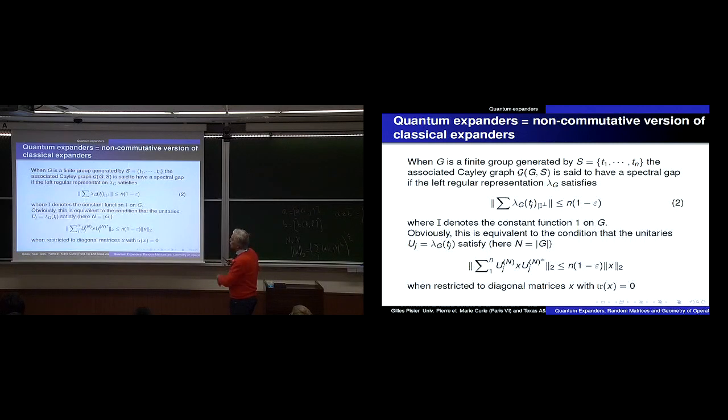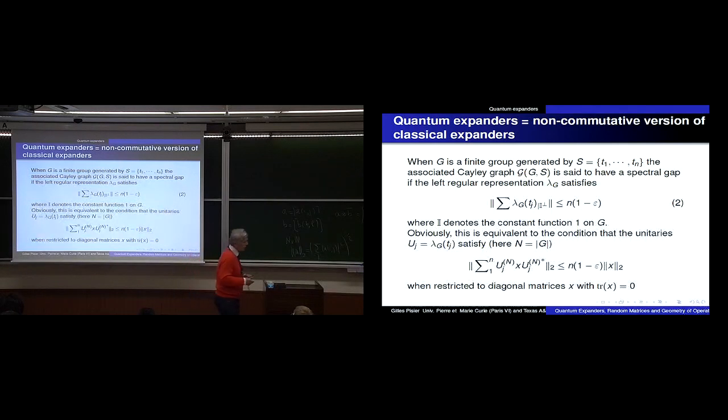So certainly what I'm writing here corresponds to a very classical example of expander. So you have an expander when you have a finite group, which will have arbitrarily large cardinality. So it's a finite group, but the number of elements tends to infinity. You have to think of it like that. The number of generators is this degree, which is fixed, S. And then the norm of just the sum of the translation by the generators.